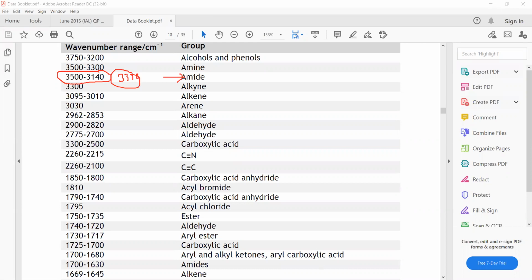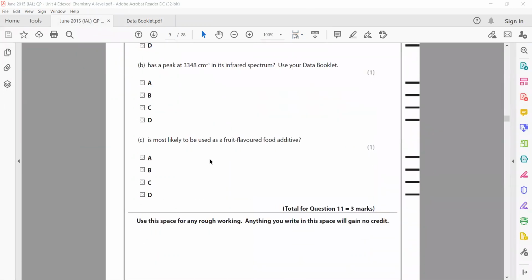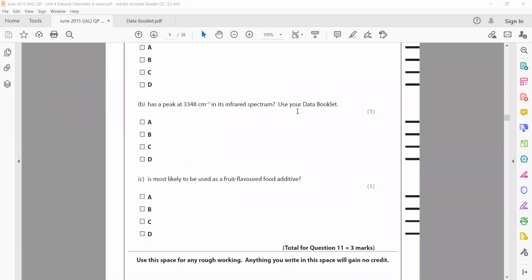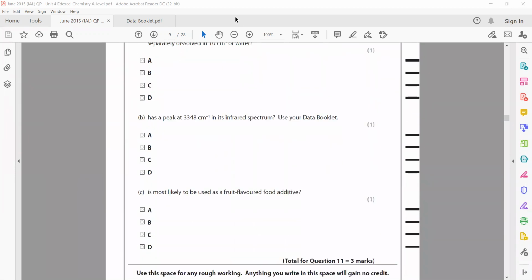So which one of them is amide? C is amide, so that's why C is the right answer. Most likely to be used in a fruit flavor, so it should be an ester, so that's why A is the right answer.